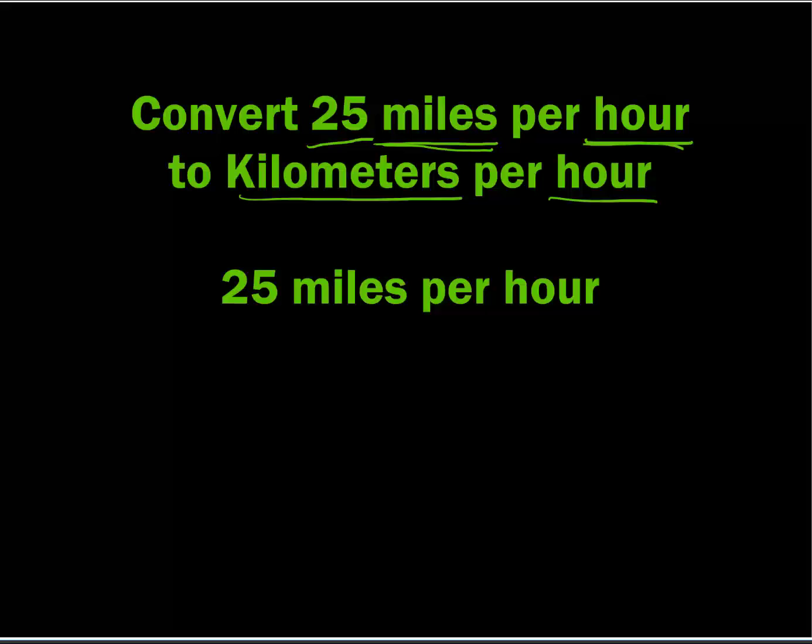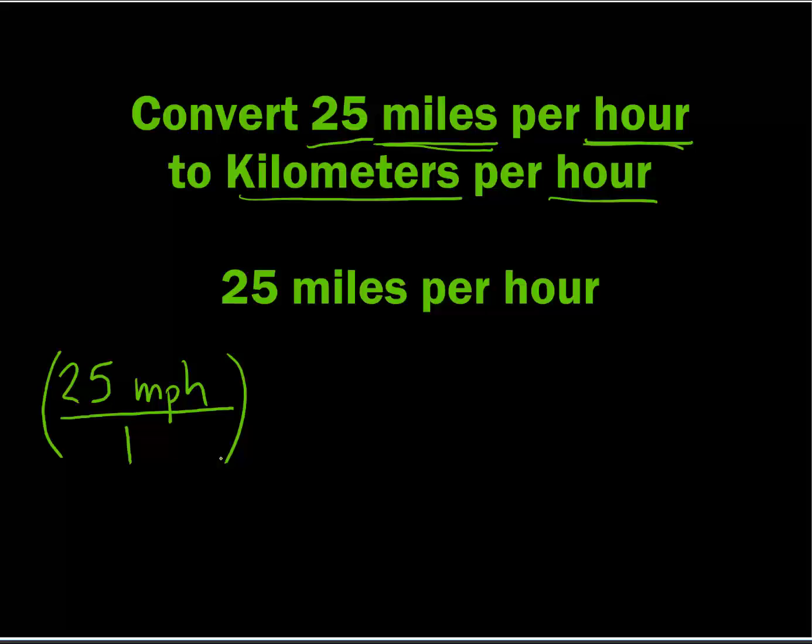And so over here, I'm going to just write 25 and I'm going to write miles per hour. I have written that as mph rather than writing out miles per hour. And then I'm going to put a division line and I'm going to put the number 1 underneath it, meaning I have one set of 25 miles per hour.